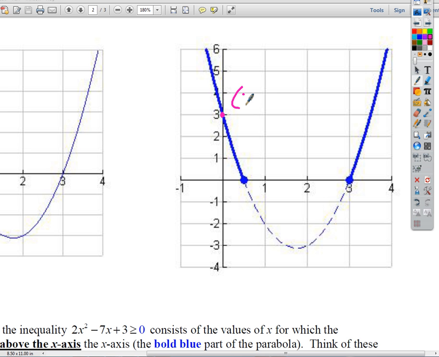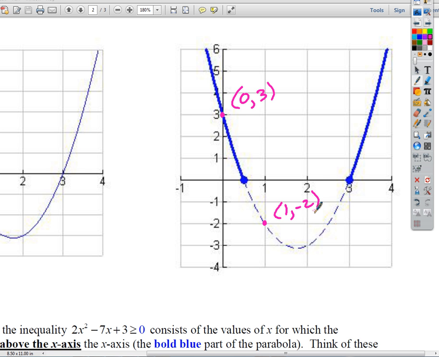Its coordinates are x equals 0, y equals 3, right? What about this point right down here? Well, this one looks like its coordinates are x equals 1, y equals -2. Which of those 2 points works? Which of those 2 points is giving me a y value that's greater than 0? That one is, right?